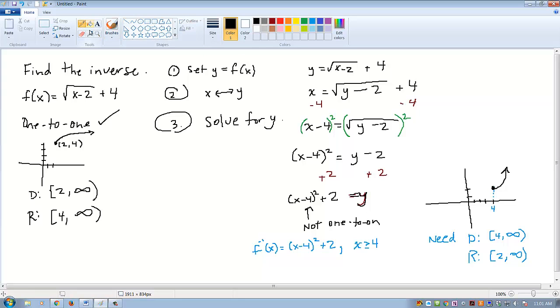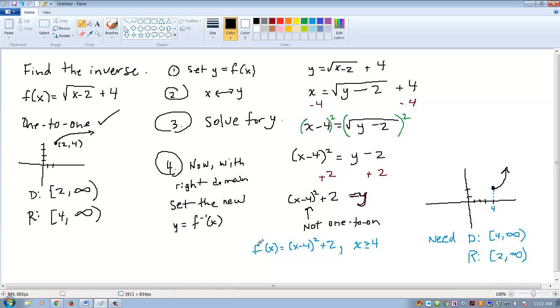Oops, no, sorry, this is just to make sure that you have the right domain. Set the new y equal to f inverse of x.